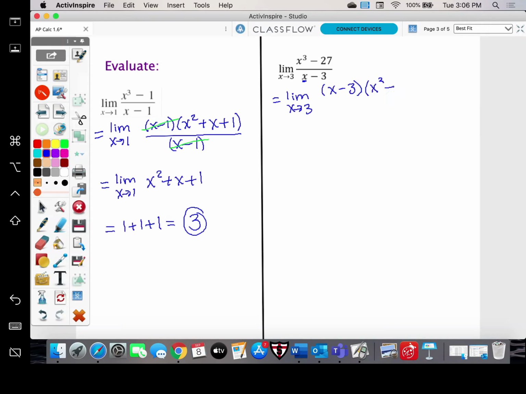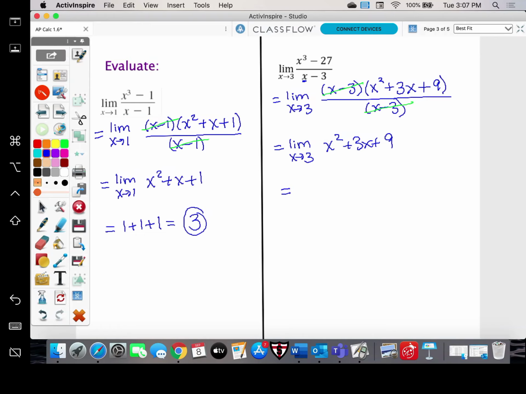Square the first, subtract the product, add the square of the last over x minus 3. And again, we see that the problem has been eliminated, and now we can just have fun evaluating this.